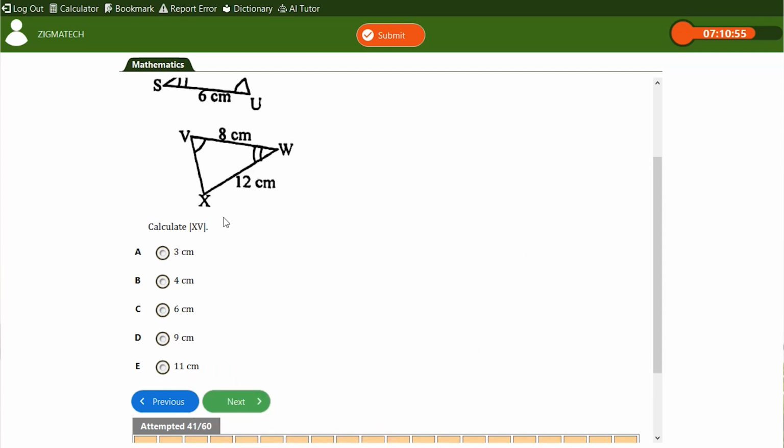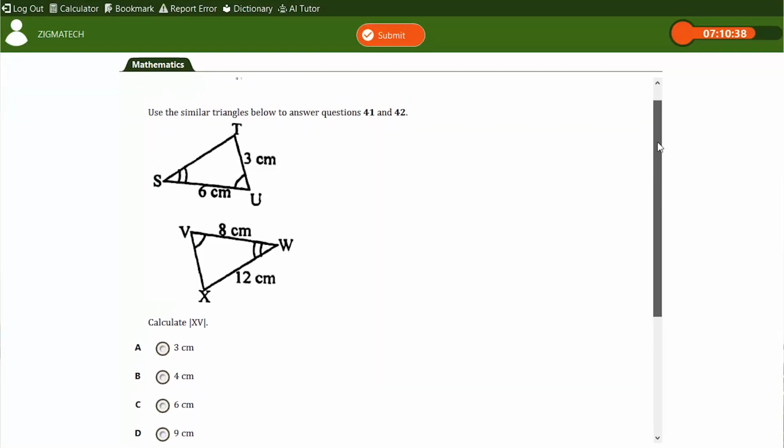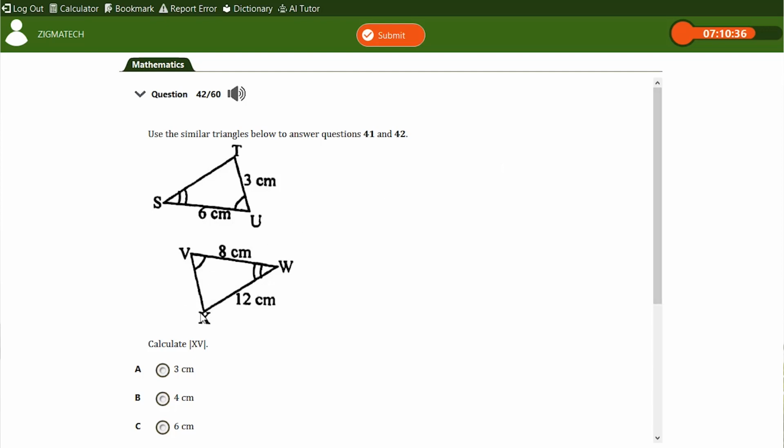42 says we should calculate XV, that is in the second triangle, XV, all right? So what you do also, look for the similar side for XV.